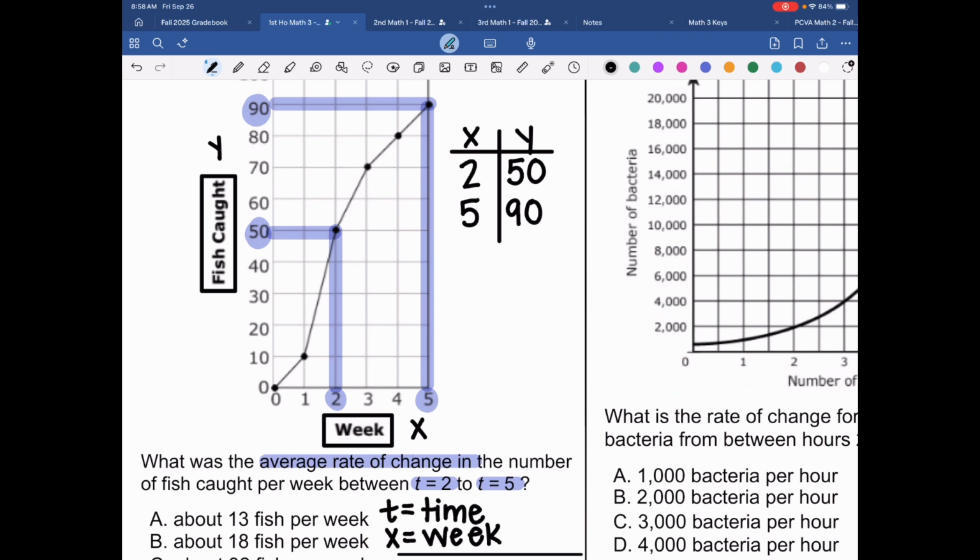So now that we've made our table, we know this is my first x, my second x, my first y, my second y. We're going to complete our rate of change by using our formula, y2 minus y1 over x2 minus x1. So my y's are going to be 90 minus 50, and then we're going to have our x's, which is 5 minus 2.